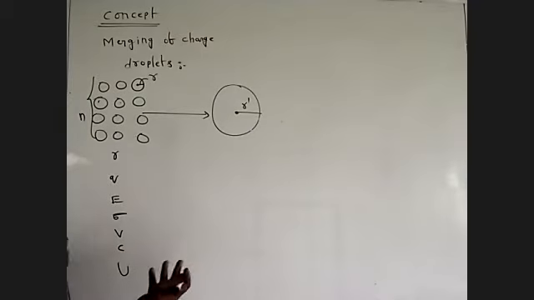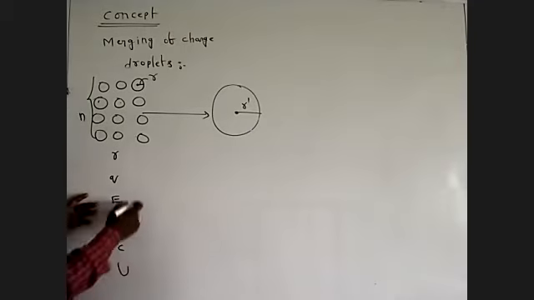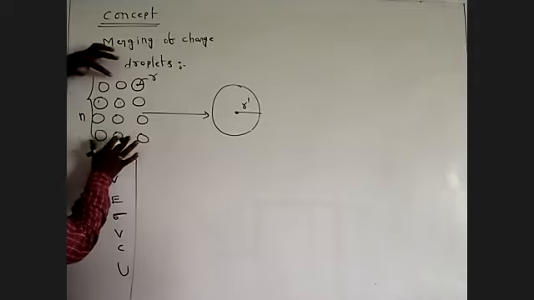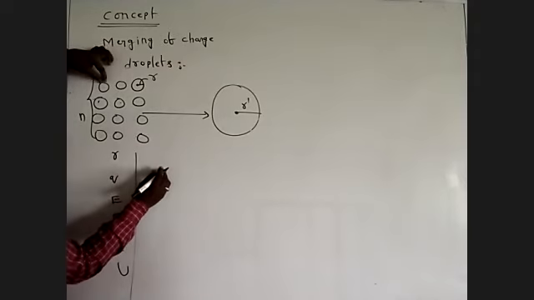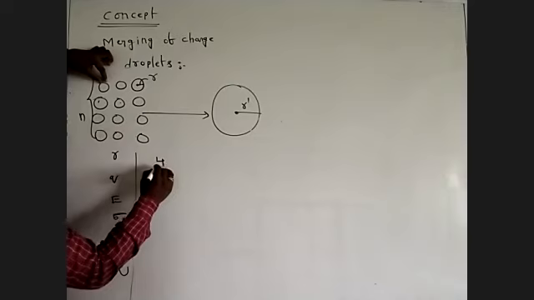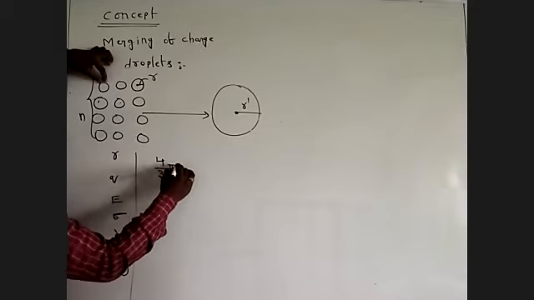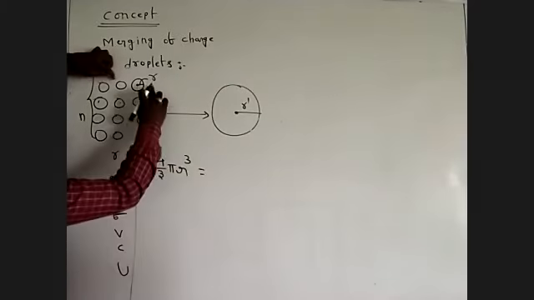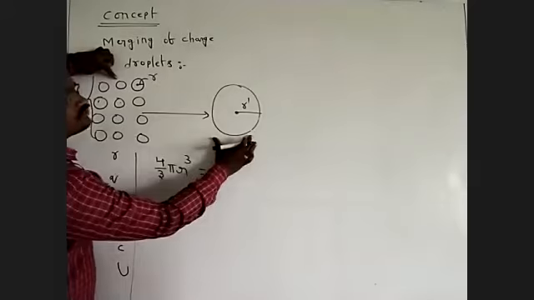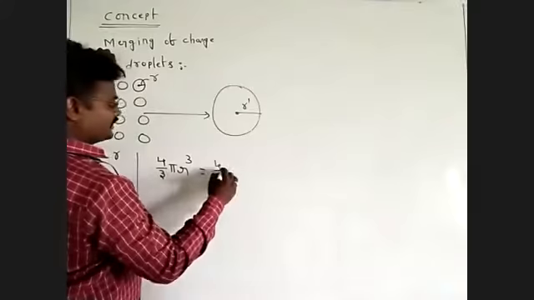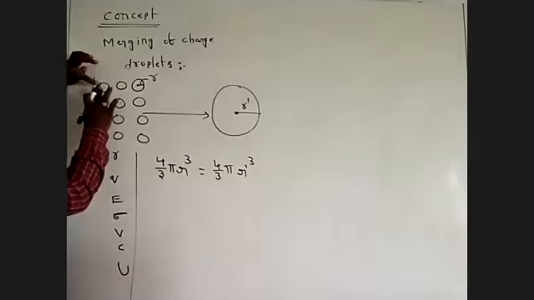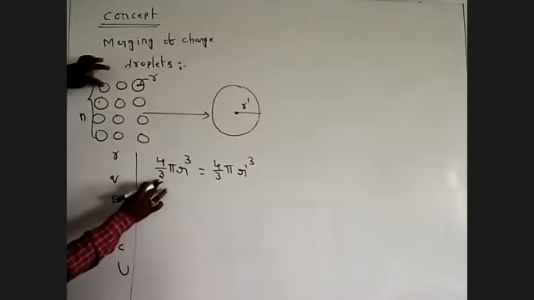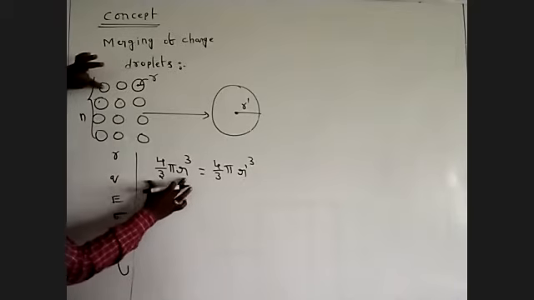Now we have the formula. The volume of a small droplet is 4/3 pi r cube. The volume of the large drop is 4/3 pi r dash cube. This is one water droplet volume.